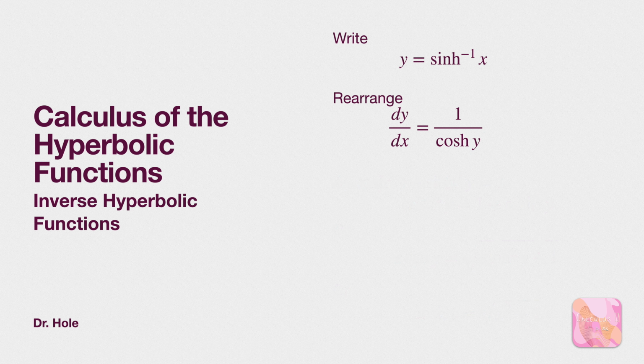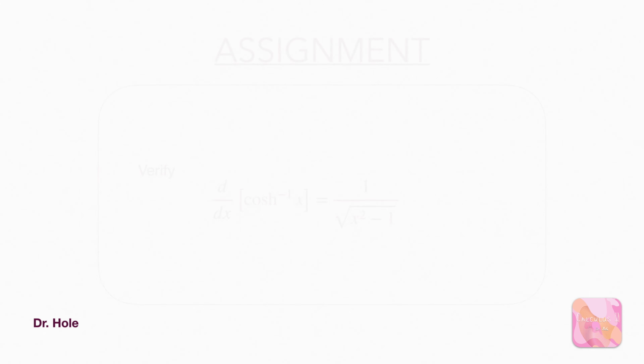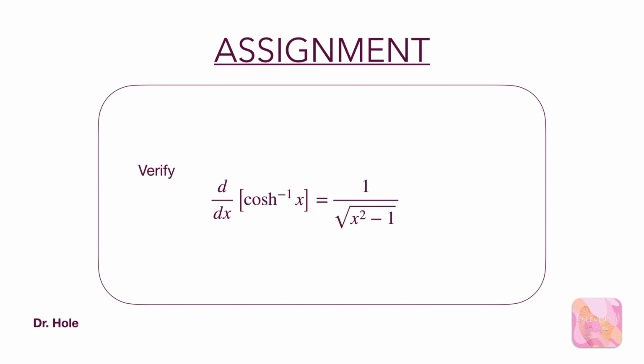And that establishes that the derivative of inverse hyperbolic sine is 1 over the square root of x squared plus 1. Very nice. Your turn. Establish that the derivative of inverse hyperbolic cosine takes a very similar form, but instead of the radicand being a sum, the radicand is a difference, x squared minus 1.